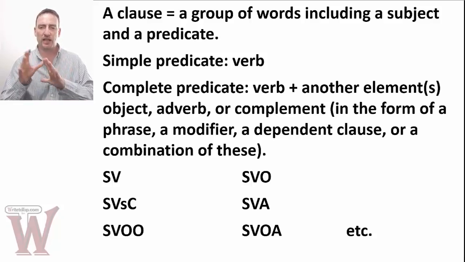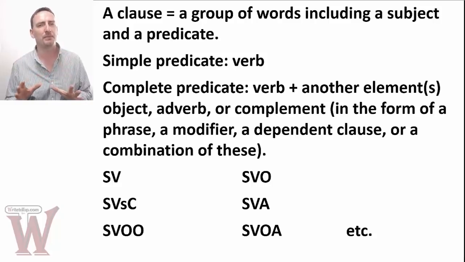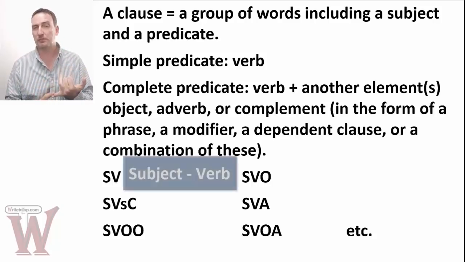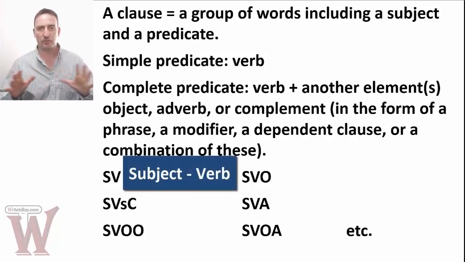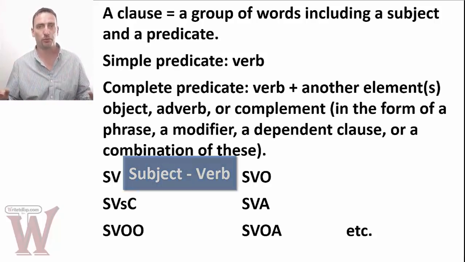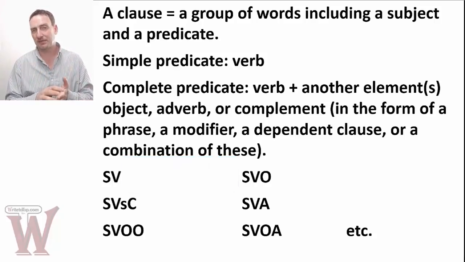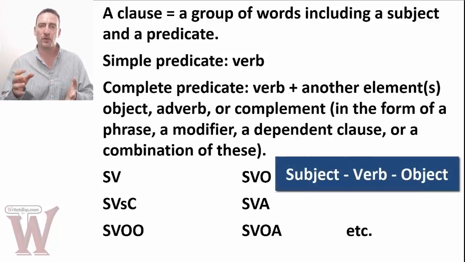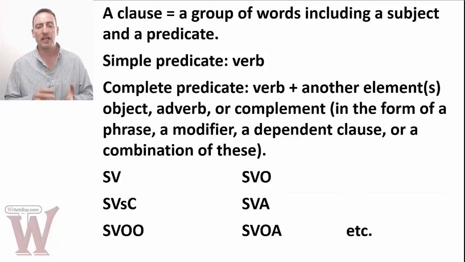So essentially, you have these types of clauses, okay? You have your subject verb, SV, subject verb, and that's all you need. You have a complete idea in a complete sentence, no problem. Other types of clauses are SVO, where you must have an object, that's the O, direct or indirect, and I'll talk about that in a moment.